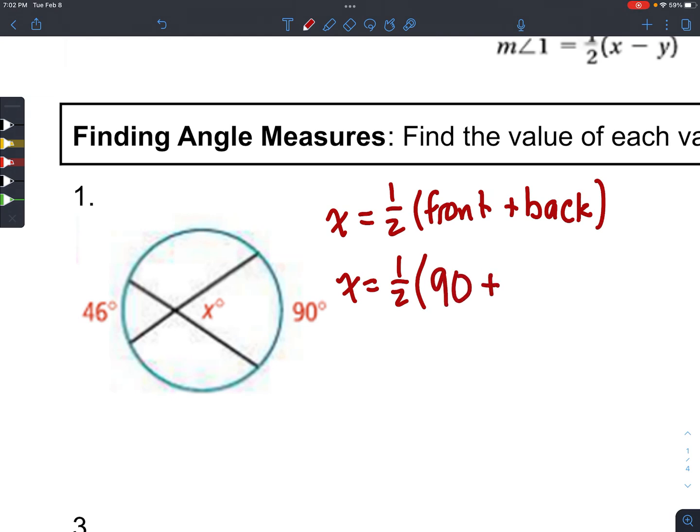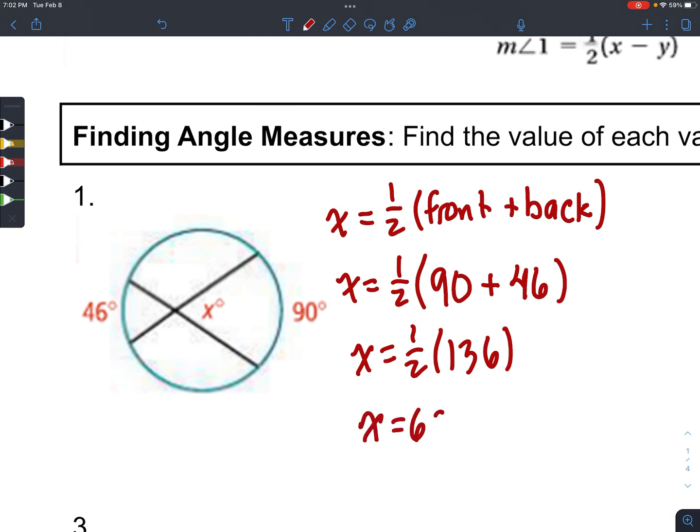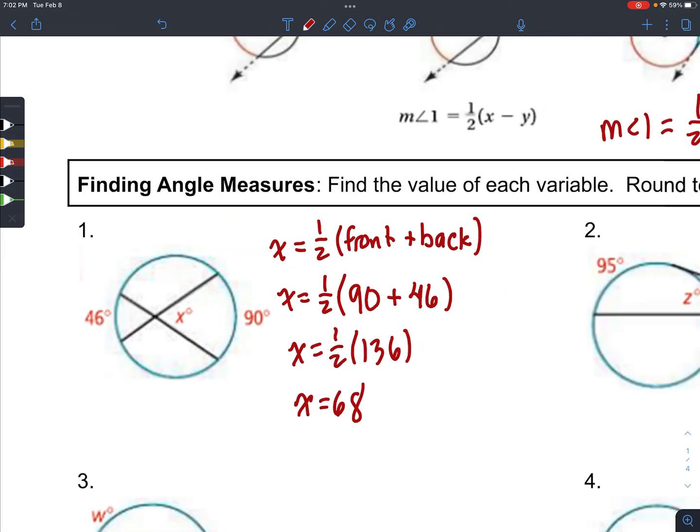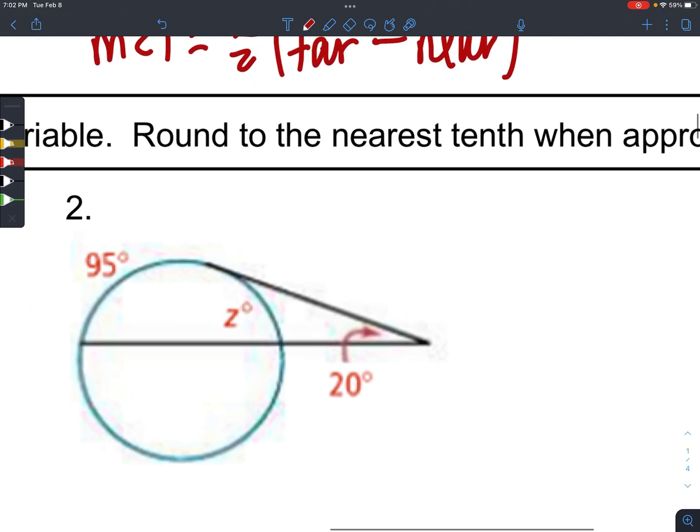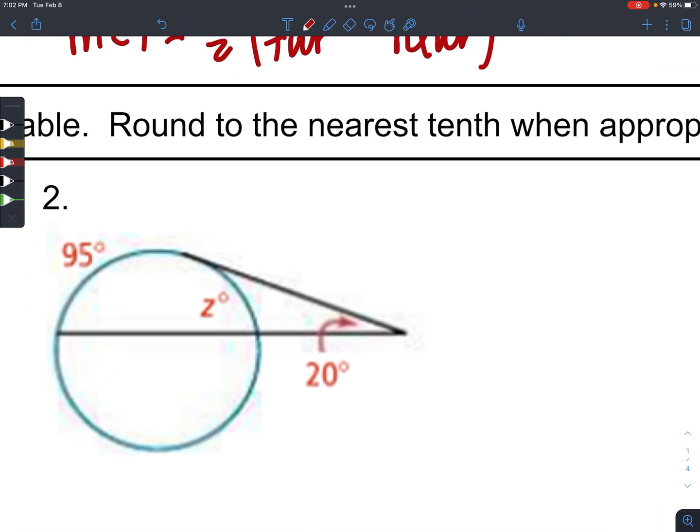Okay, the front arc is 90, the back arc is 46. So X is gonna be 68. So that's an example of the first one. This next one's going to use the other formula.